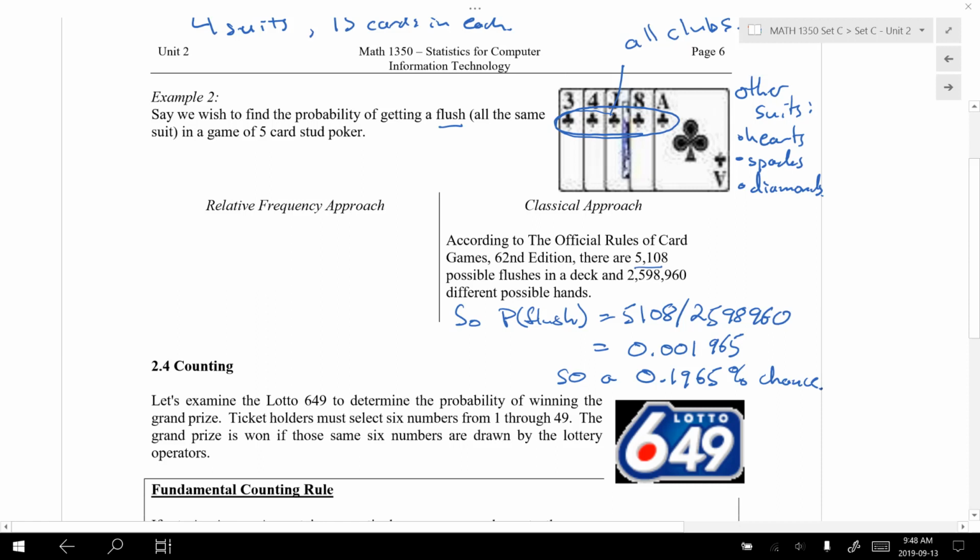Sounds like a pretty good hand. You could try the relative frequency approach here, so we could play a bunch of games. You may play thousands. You maybe even want to play up to 1 million. Probably we would prefer to do this using a computer.